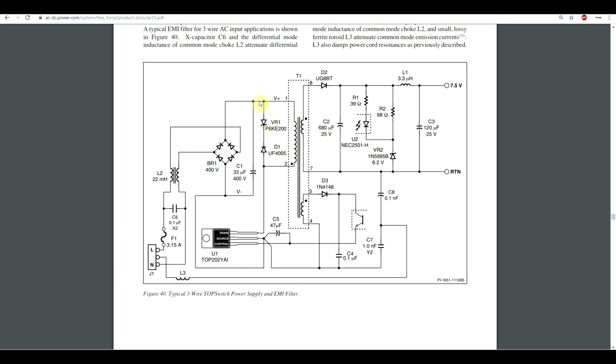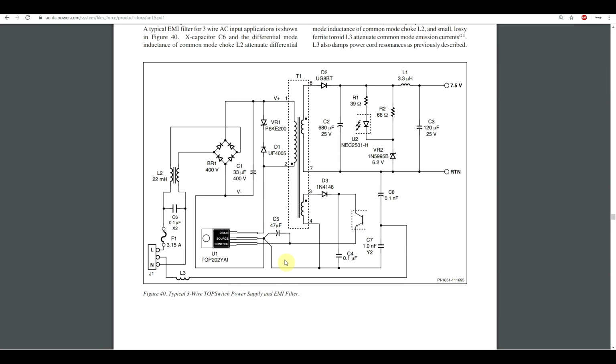But the noise in the primary side couples to the secondary through stray capacitance inside the transformer, and then this noise is supposed to close back, so the noise should be kept inside the power supply, shouldn't go outside, through capacitors connected from the ground back into the ground of the primary side. So in this case C8 and C7. Now in between these 2 capacitors is also the protected earth, and we'll get back to this.